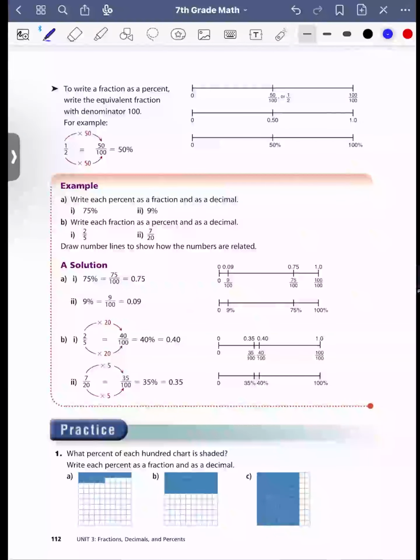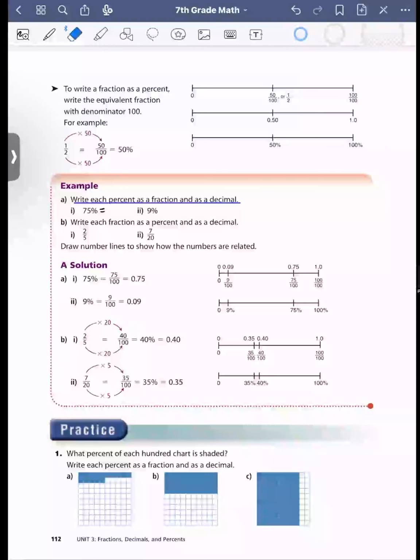Let's think about the example right here. Write each percent as a fraction and as a decimal. First, we have 75%, which means 75. Oops. Since we don't have enough room, let me just write it right here.